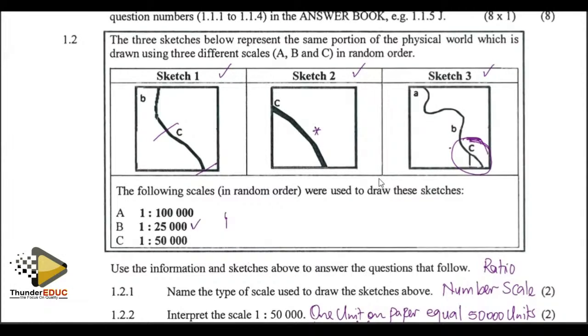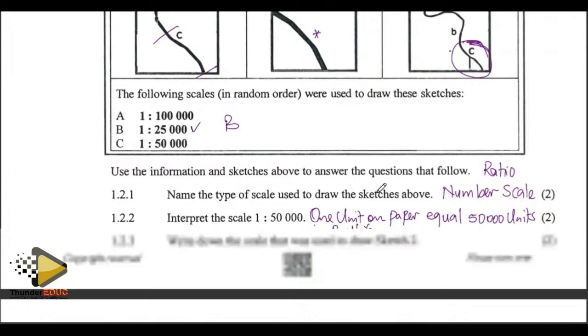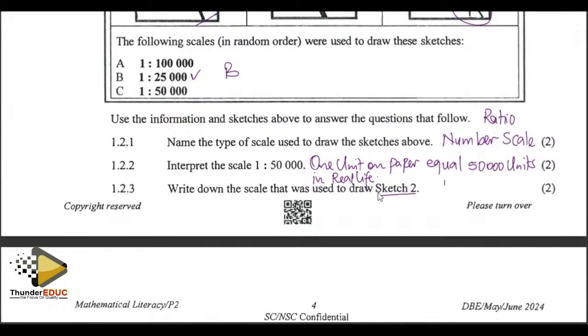The smaller the scale, the bigger the image, whereas the larger the scale, the smaller the image. So sketch number 2 was B, the smallest scale. That's what we take.